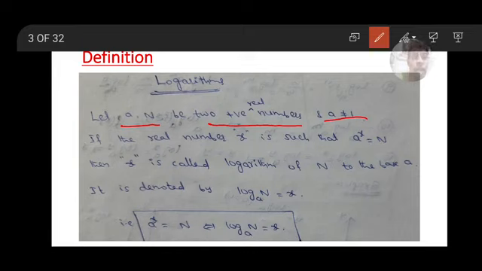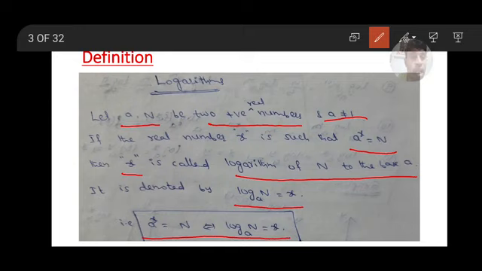If there exists a real number small x such that a to the power of x equals N, then x is called the logarithm of N to the base a, and it is denoted by log N to the base a equals x. That is, a to the power of x equals N implies log N to the base a equals x, and vice versa.